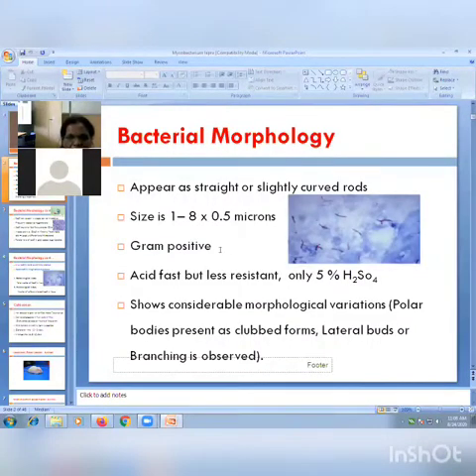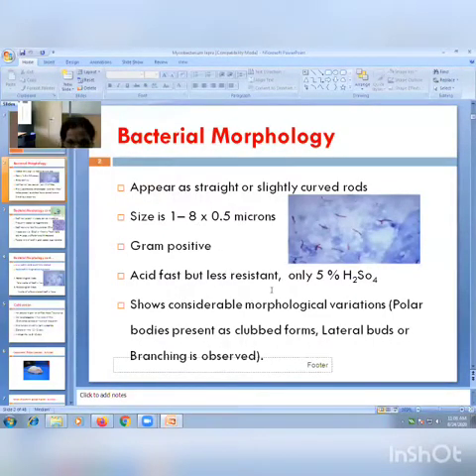These are gram positive, but it is difficult to stain them with Gram stain. So only ZN staining is the method of demonstration. These organisms are less acid fast as compared to tuberculosis bacilli, which cause TB disease.